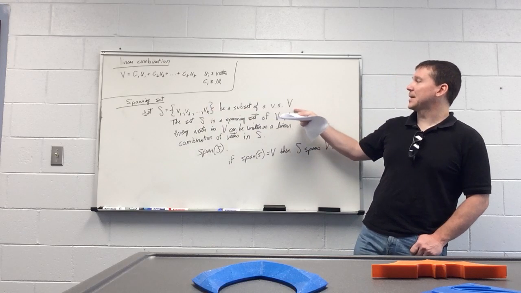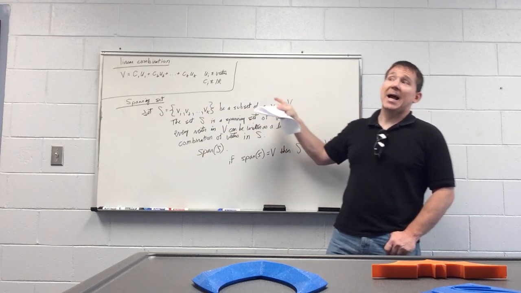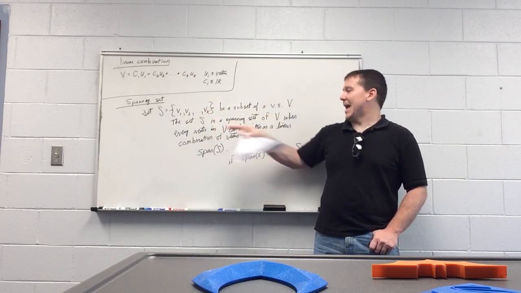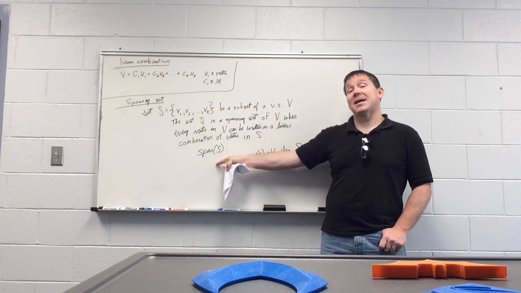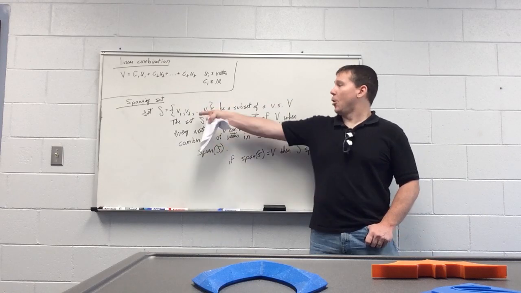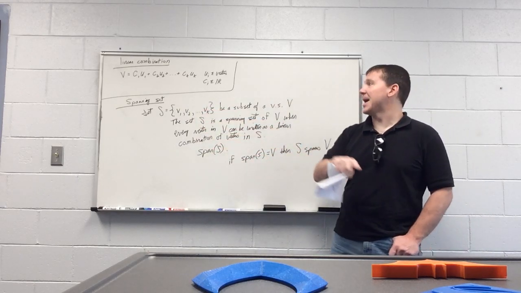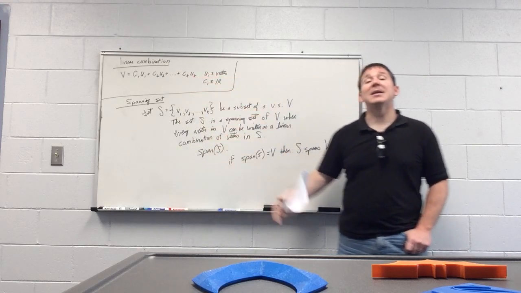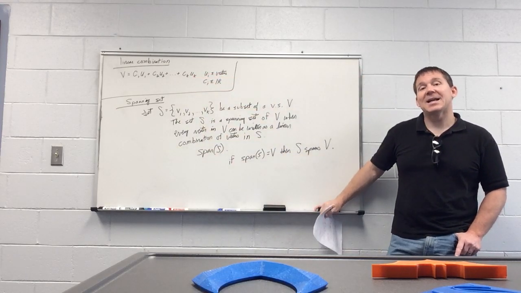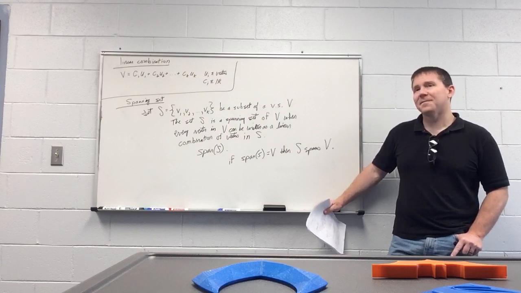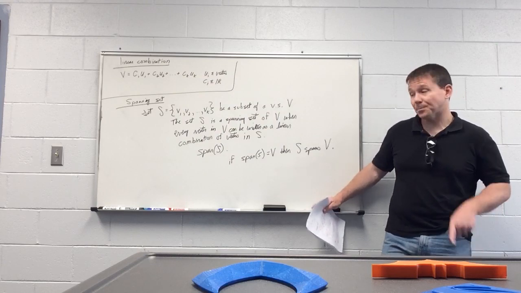We have a collection of vectors in our vector space V. I take some of them, however many I want, and then I look at the span of S, which is all the vectors in S and all the linear combinations I can generate from S. That set I call the span of S. And essentially my question is, does my span of S encompass all of V or just part of V?